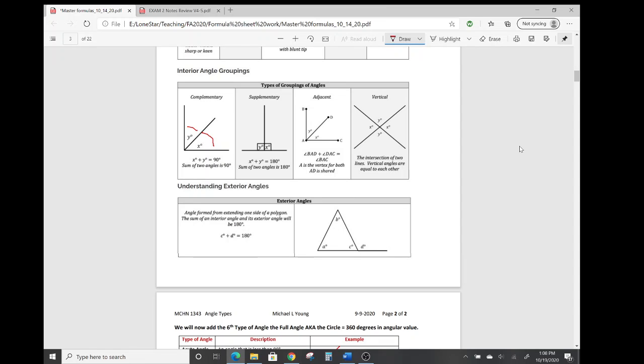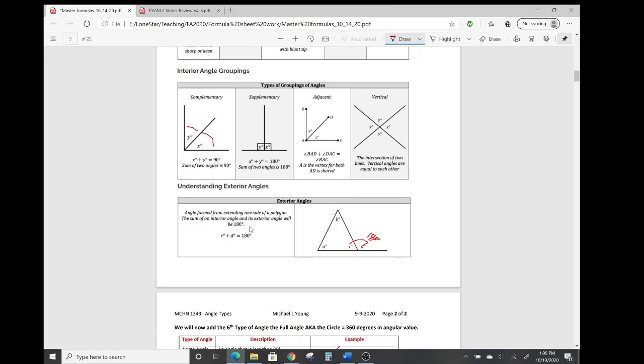The sum of an interior angle and its exterior angle will be 180 degrees. So angle C plus D, if we added these two together, that would be 180 degrees. It would have to be, right, because it's a straight line.